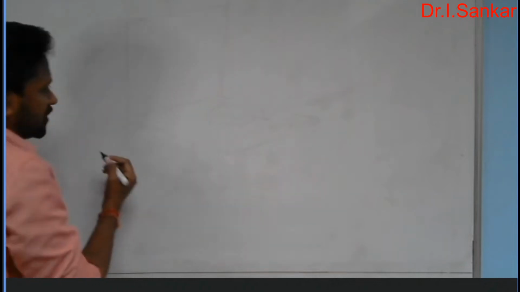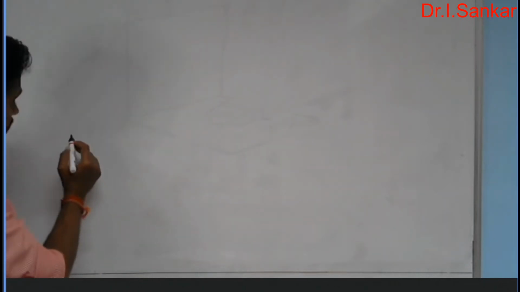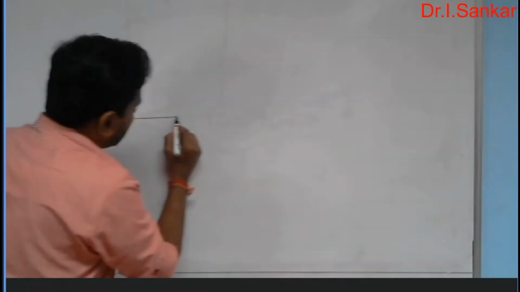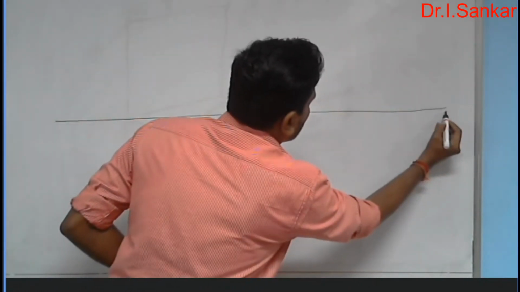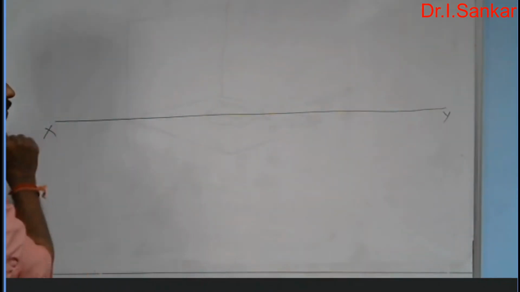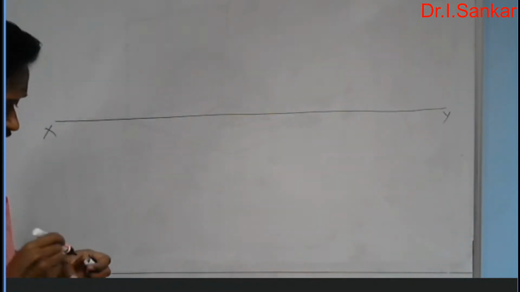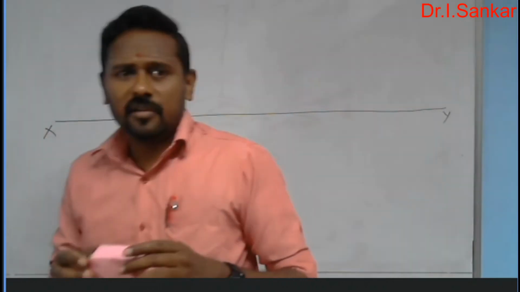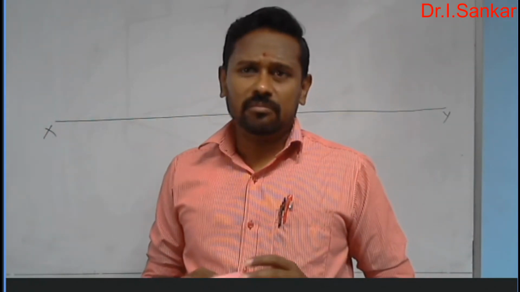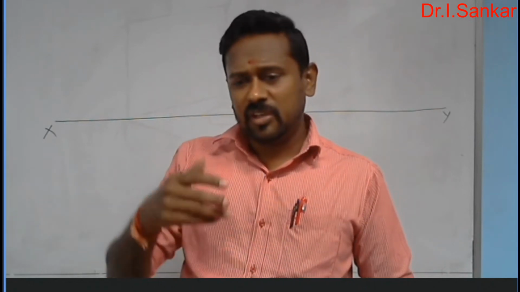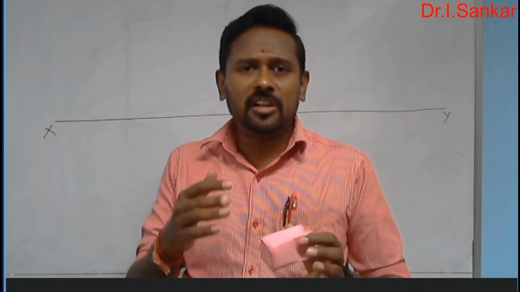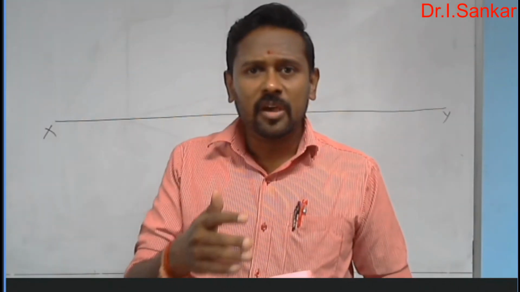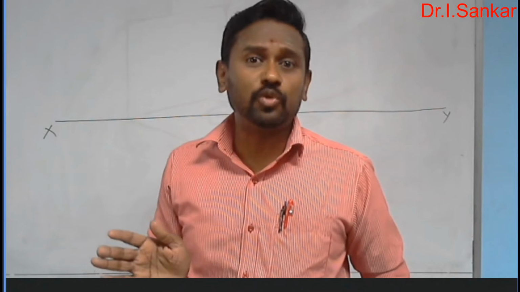As usual, we can start with the XY line. Usually, in order to see the base of the solid, we have a regular practice. Whatever the inclination of the axis of the solid with respect to HP or VP, first we need to make it perpendicular to that particular plane.